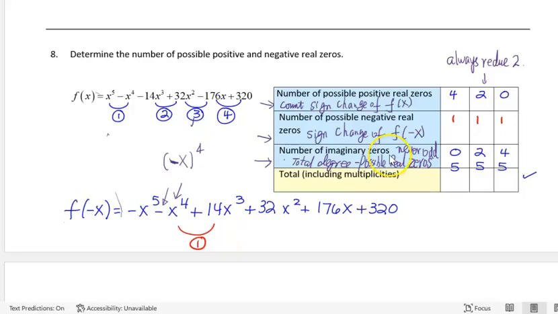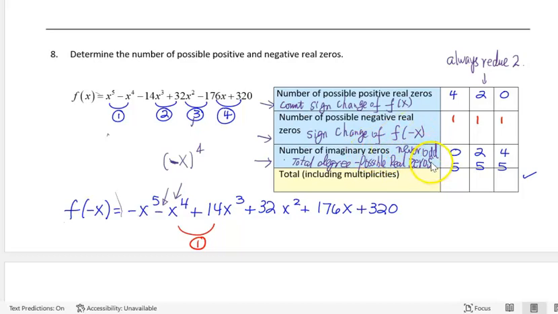Also, remember that if there are imaginary zeros, they have to be paired, right? In other words, an imaginary zero and its conjugate together will make the function 0. So it can never be an odd number.